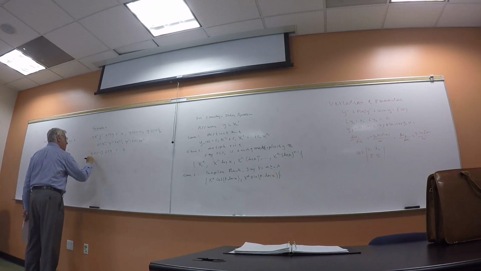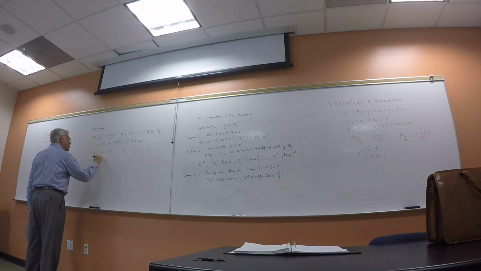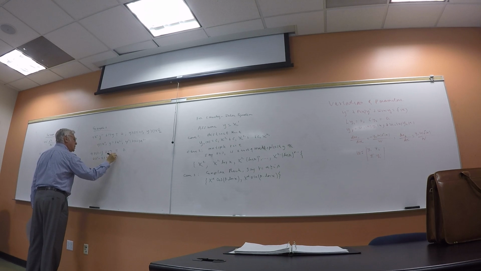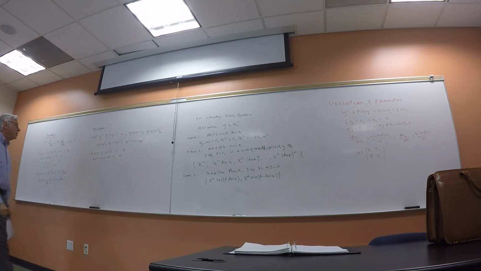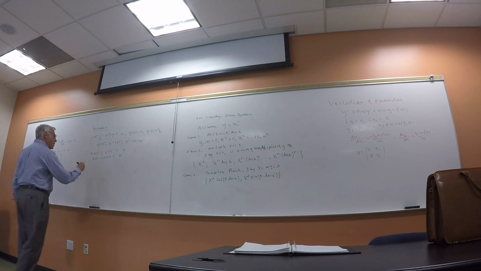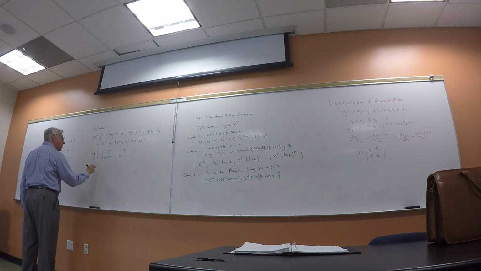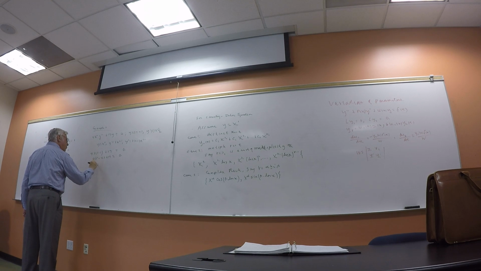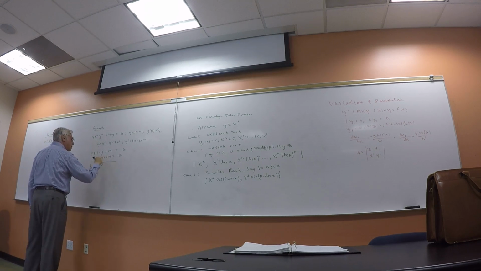Now we get a quadratic that we're faced with: 4r squared minus 4r plus 17 is equal to 0. Okay, we have to solve by the quadratic formula, I guess. It would be 4 plus or minus the square root of 4 squared minus 4 times 4 times 17, all over 8.